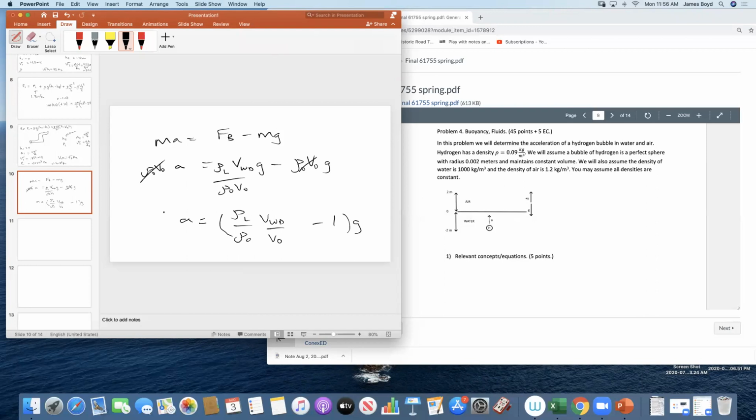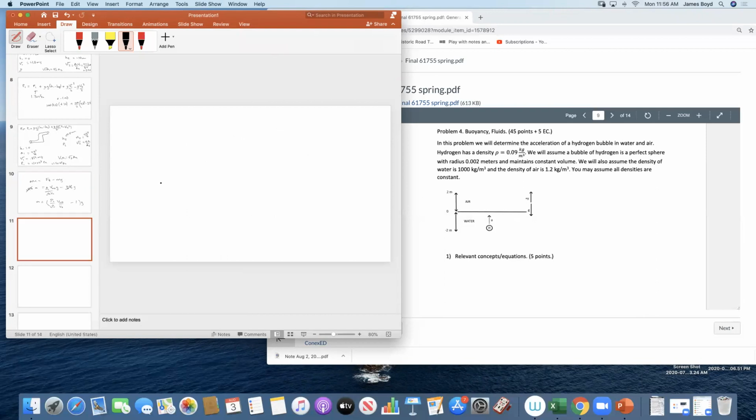Now, we have some things that we have to figure out in this particular problem. For hydrogen, I give you that hydrogen has a density of 0.09 kilograms per meter cubed. I tell you that the bubble of hydrogen is a perfect sphere with a radius of 0.002.